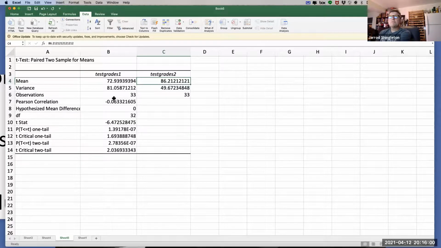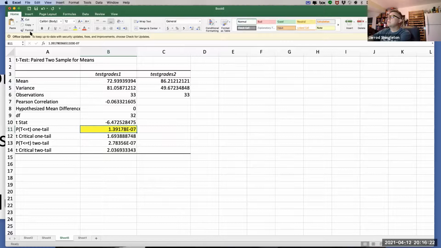What this tells me is my efforts to do my reviews with the students were very successful, and it raised my grades by some number. I don't know how much it raised it by. I mean, from this, it raised it on average about 14 points. And it is a significant statistical increase in the value.